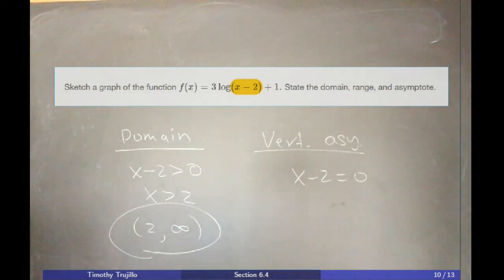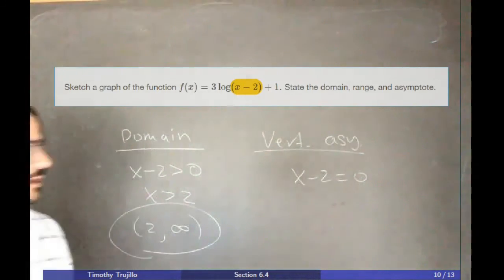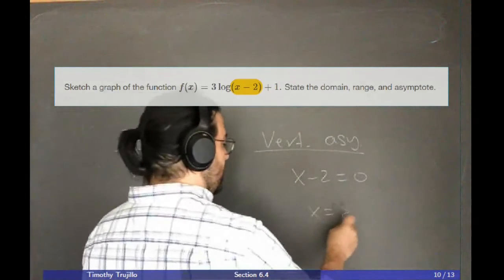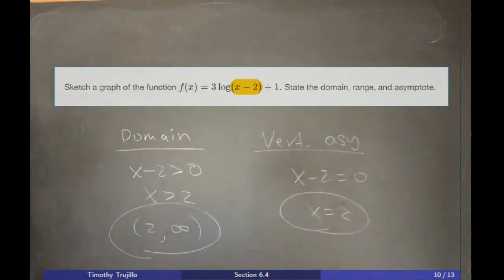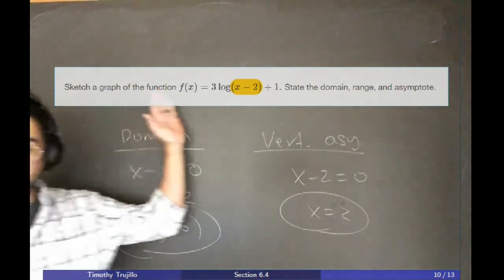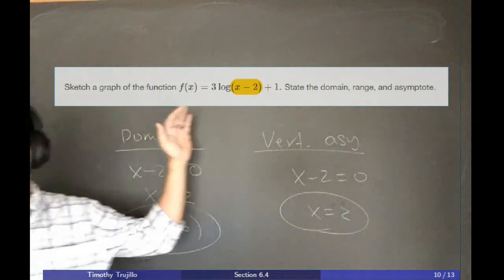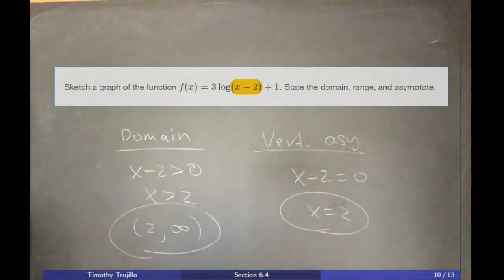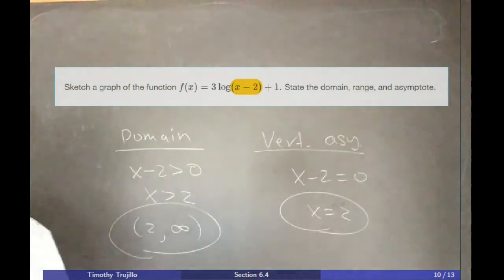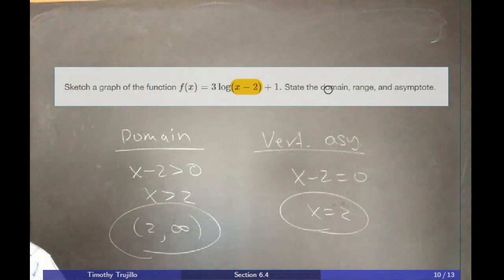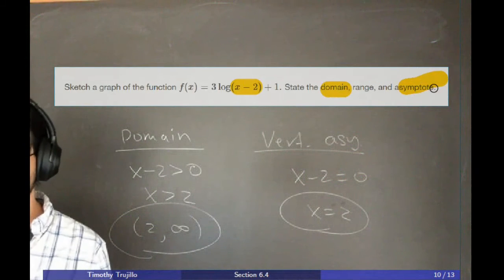So in this case, you would get x minus 2 is equal to 0. And so we can see that indeed the vertical asymptote moves 2 units to the right. That's what x minus 2 does, right? So from x equals 0 to x equals 2. So we can write down the domain and the vertical asymptote without ever thinking about the graph.